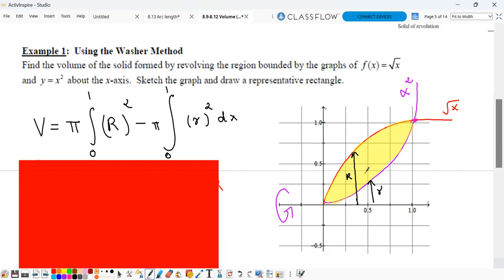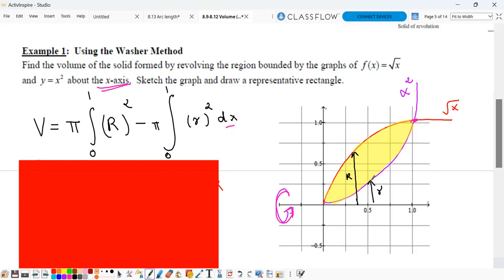The region in between is top minus bottom; shade it with a pencil. You are revolving about the x-axis, which means everything is in terms of dx.